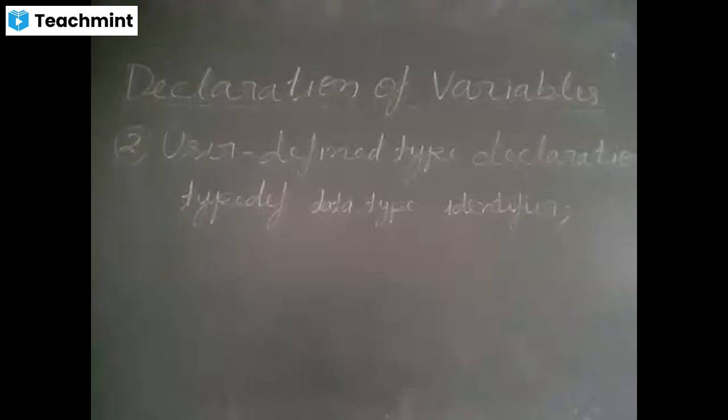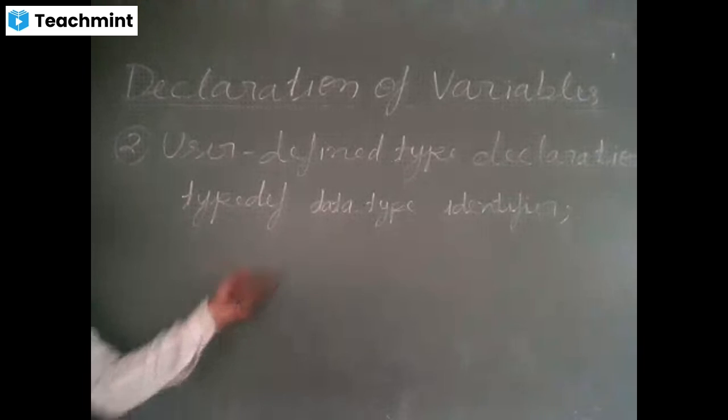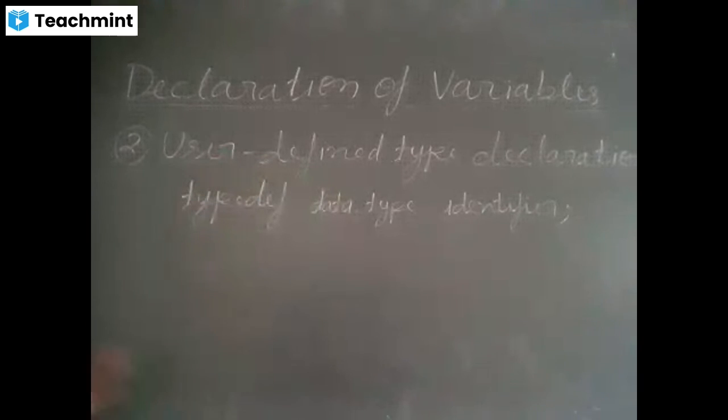So here, when a programmer needs to define data from their own perspective, that is called user defined type declaration.